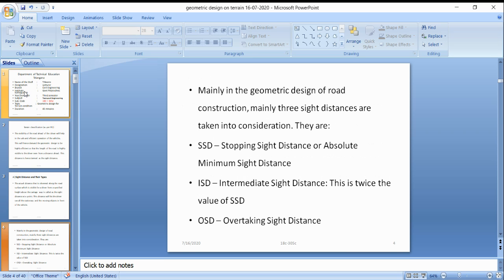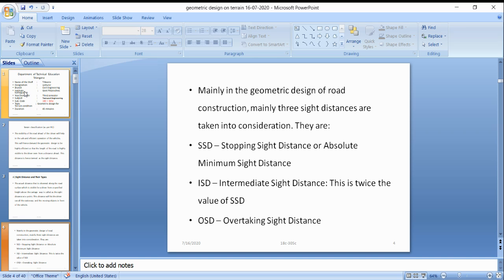Next, in the geometric design of road construction, mainly three sight distances are there. They are SSD, stopping sight distance, the absolute minimum sight distance. Next comes ISD, intermediate sight distance.